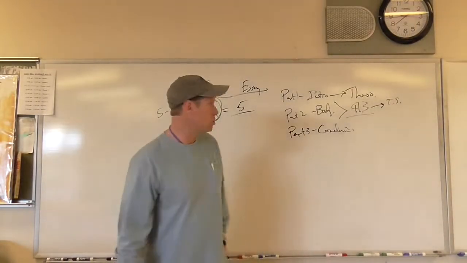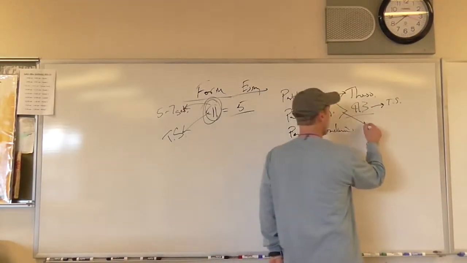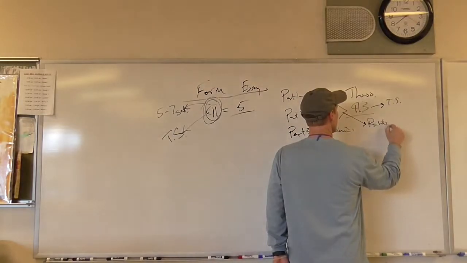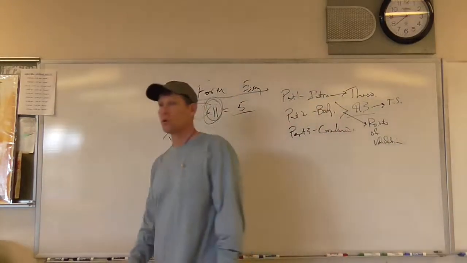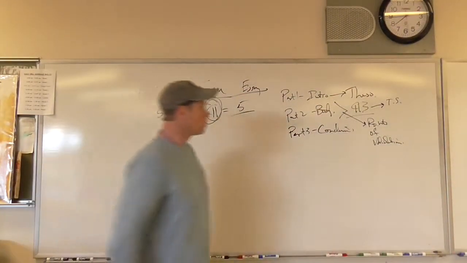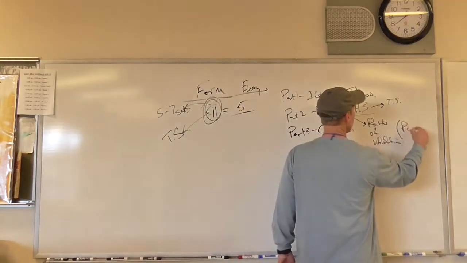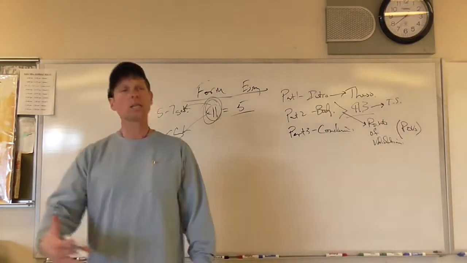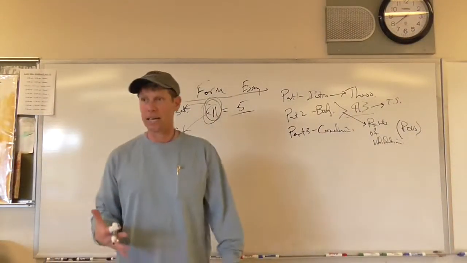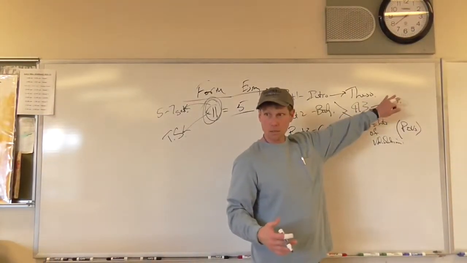And I will now use the term for these body paragraphs, points of validation. Validation, or to validate, just simply means to prove, okay? So I will abbreviate often this to simply be POVs, points of validation. The way I'm going to validate my thesis, okay?